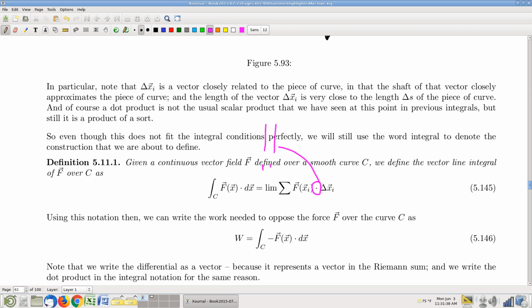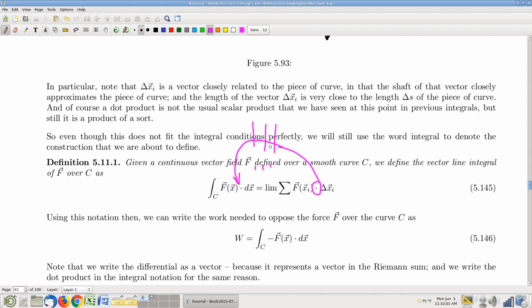That matters. I'm going to put that in the notation there as well. So you can't just write f vector of x and then just write dx, right? You've got to put that dot in there as a recognition that there's a dot there. And that's important.